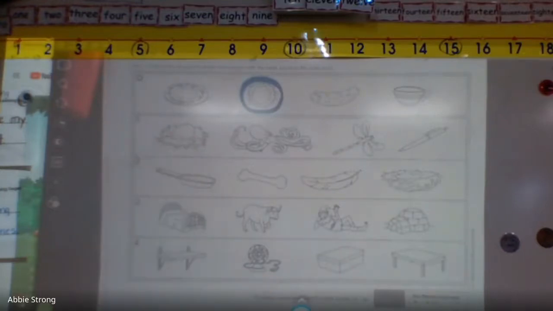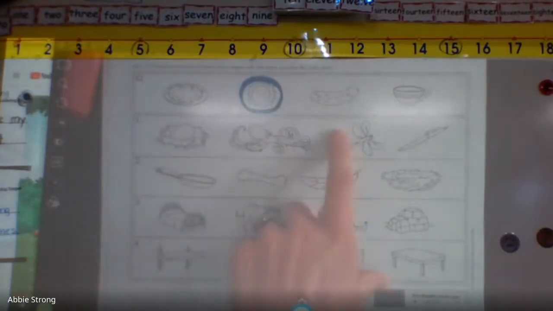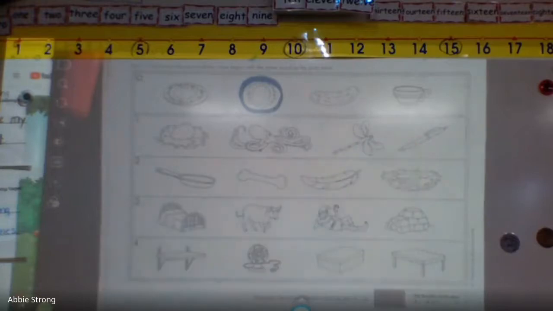Which picture starts like ever? Is it egg, octopus, insect, or pen? Circle the picture that starts like ever. Ever. You need to have a picture circled.